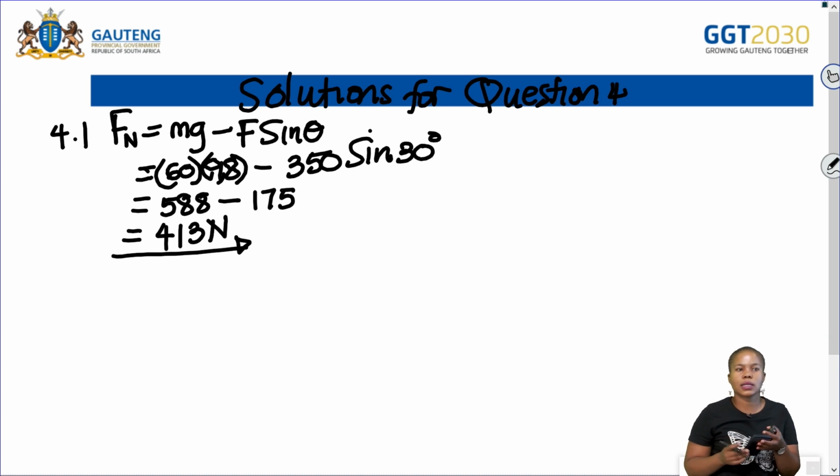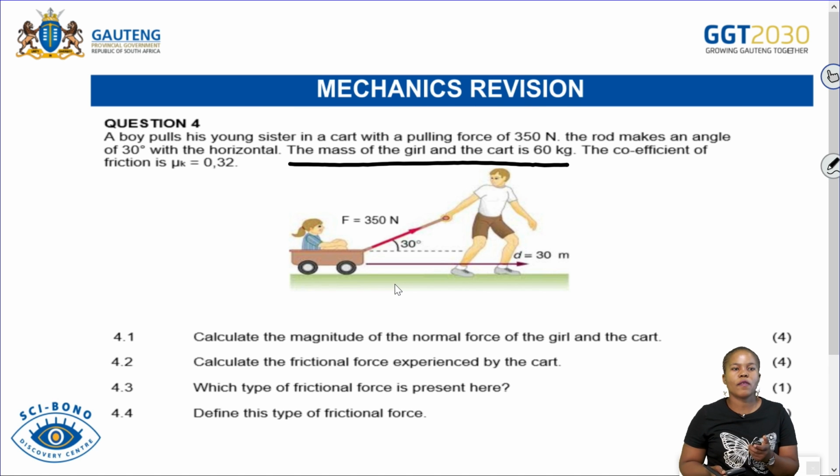So this is the magnitude of the normal force of the girl as well as the cart.